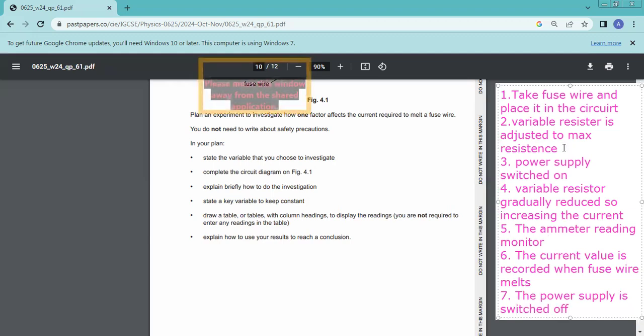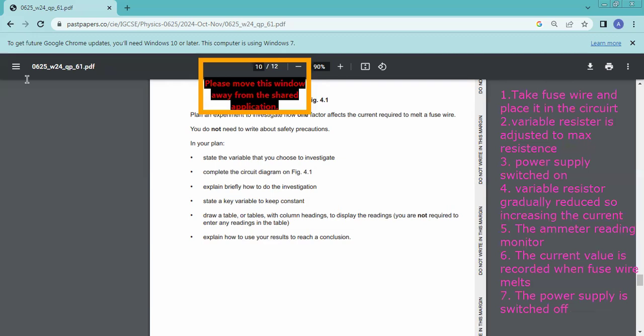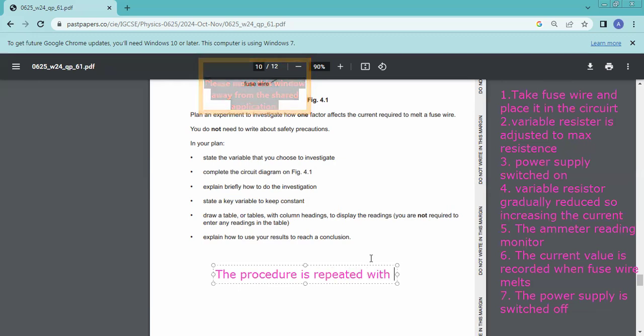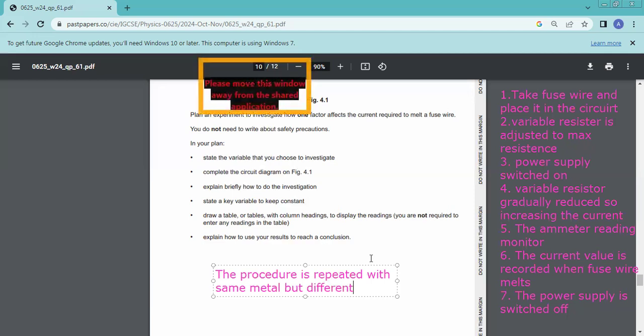And then the procedure is repeated with wires of different diameters, ensuring each wire is made of the same metal and length. This is very important. The procedure is repeated with the same metal but different diameters of wire to check.